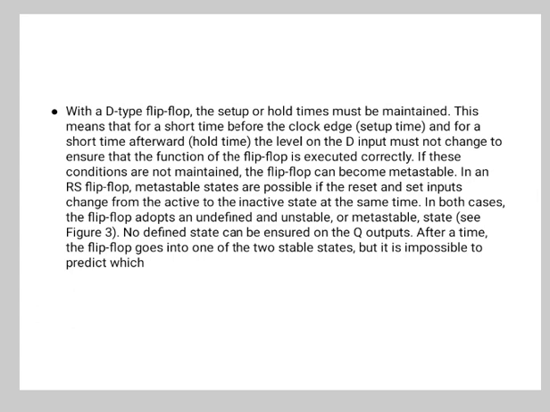If these conditions are not maintained, the flip-flop can become metastable. In an RS flip-flop, metastable states are possible if the reset and set inputs change from the active to the inactive state at the same time. In both cases, the flip-flop adopts an unidentified, unstable or metastable state. No defined state can be ensured on the Q output.